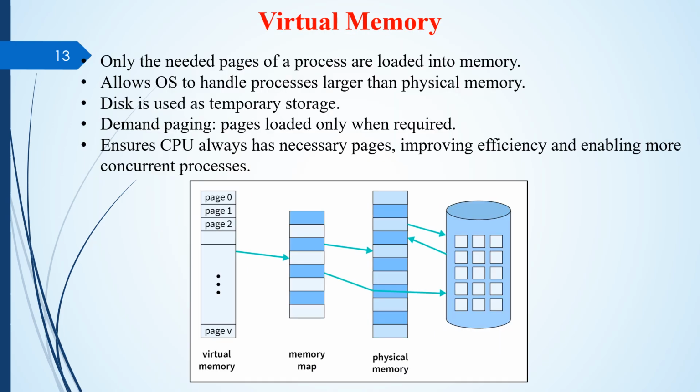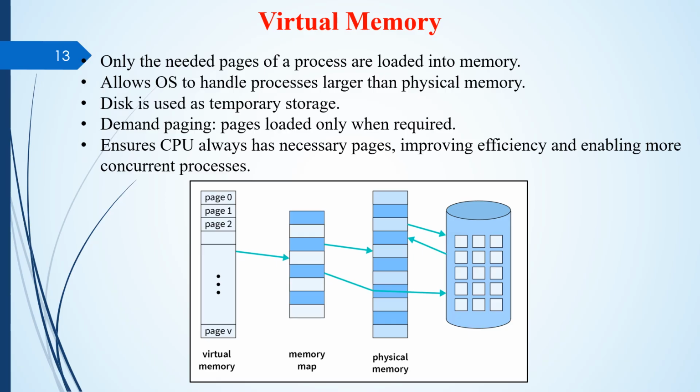With paging, it was realized that an entire process does not need to reside in memory. Only the pages that are actually needed are loaded. This led to the development of virtual memory, which allows the operating system to manage processes larger than the available physical memory.